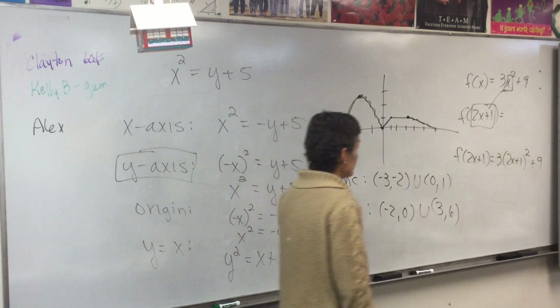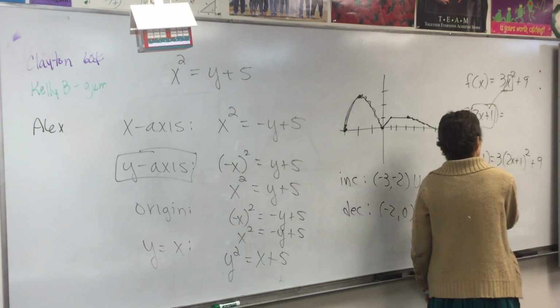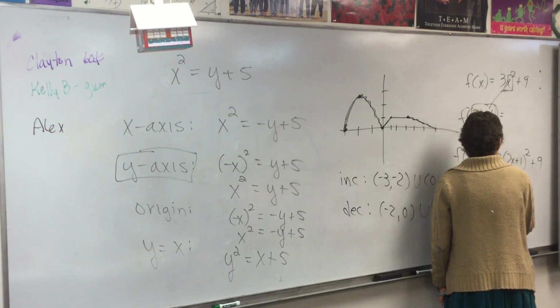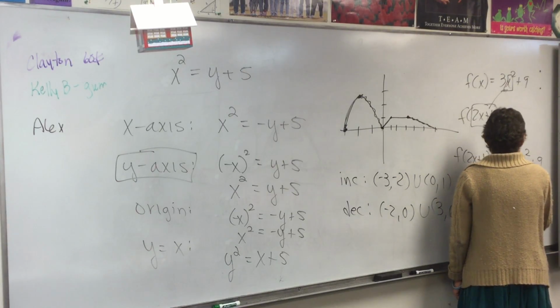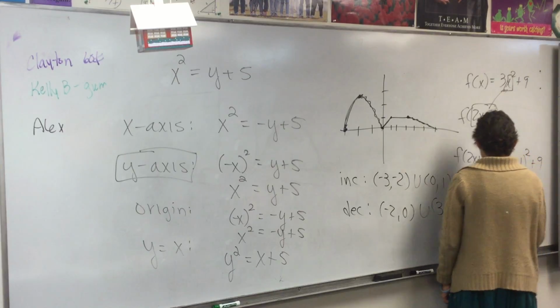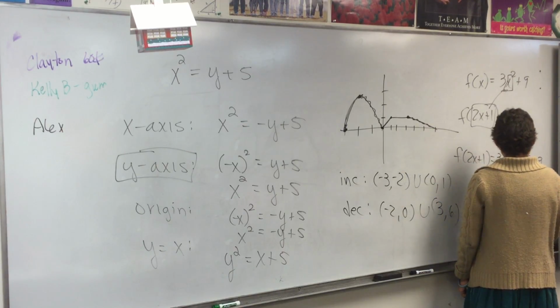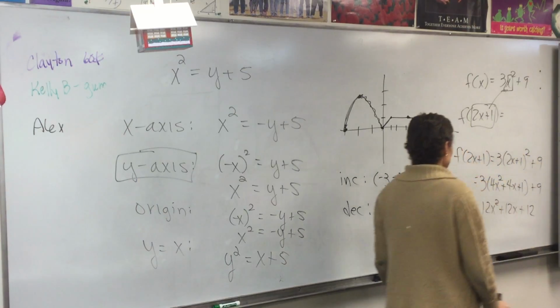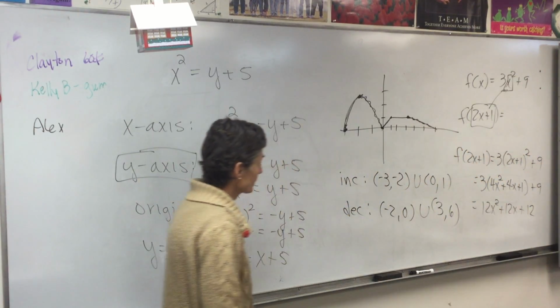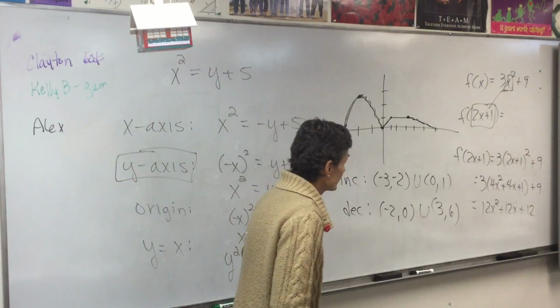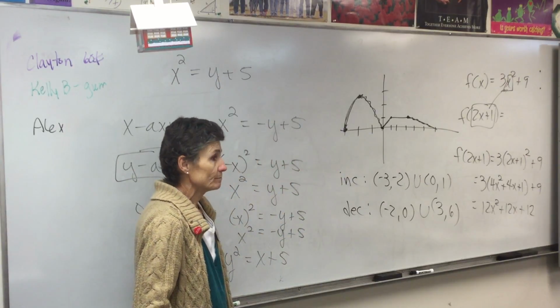That's all there is to it. Then we FOIL out, distribute it, and all that stuff. And we don't do anything with the answer. We just leave it alone. So 12x squared plus 12x plus 12, I guess, would be the final answer after I distribute it, if I added right.